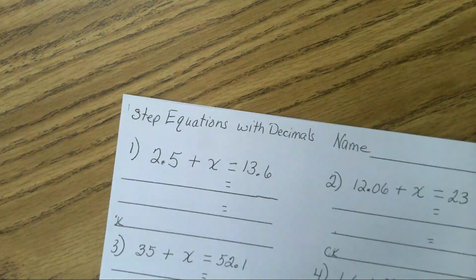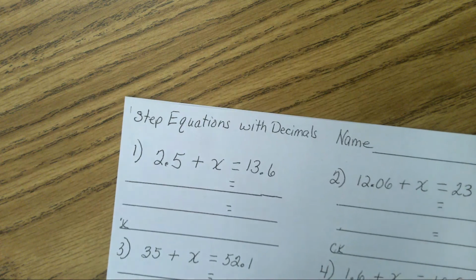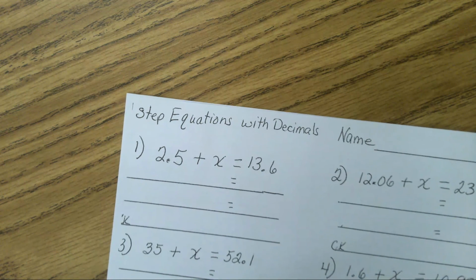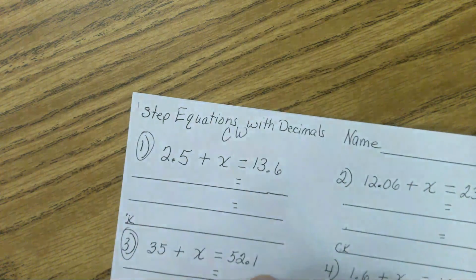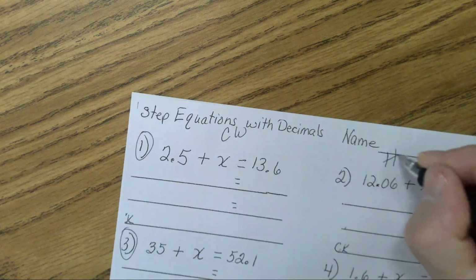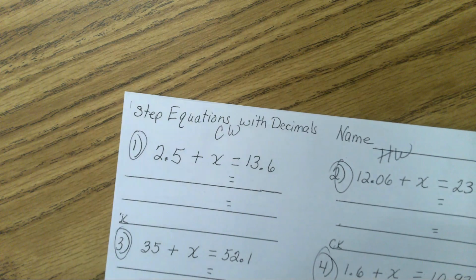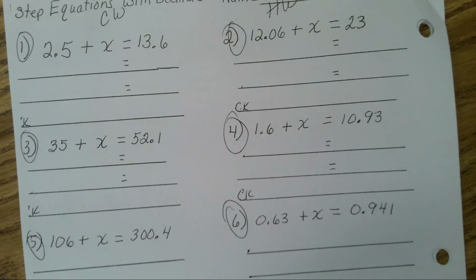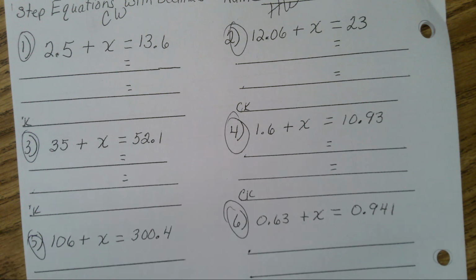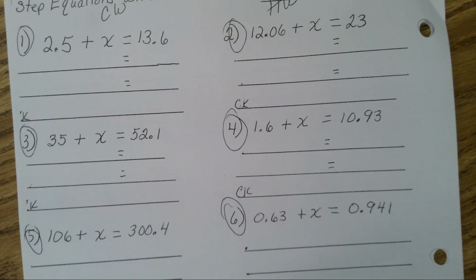Then on the last page, classwork will be 1, 3, 5, and homework will be 2, 4, and 6, okay? And then the bottom ones, if you want to do more problems, you can. Any questions on that, kids? Okay, go ahead and work on that. And if we have time, I want to go over some word problems in your book at the very end of the class. Any questions? Okay.